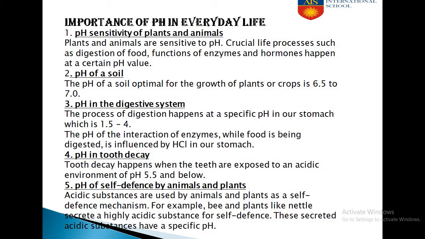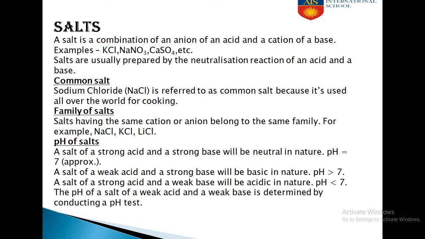Acidic substances are also used by animals and plants as a self-defense mechanism. For example, plants like nettles secrete a highly acidic substance for self-defense. These secreted acidic substances have a specific pH.